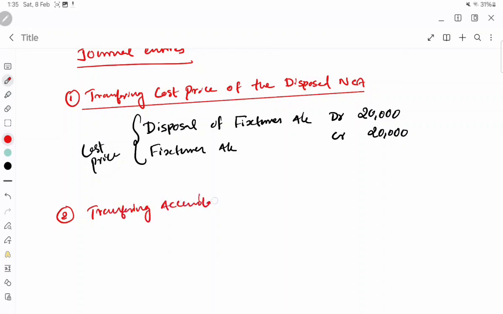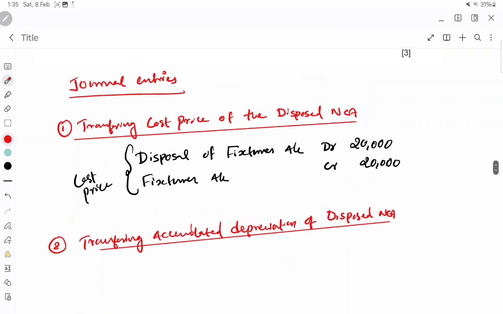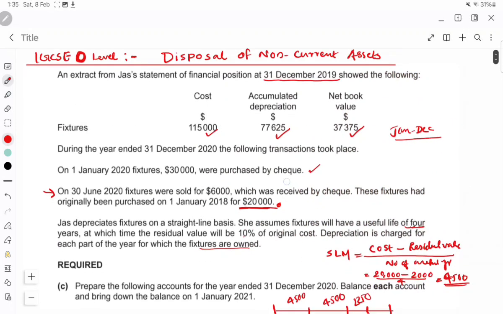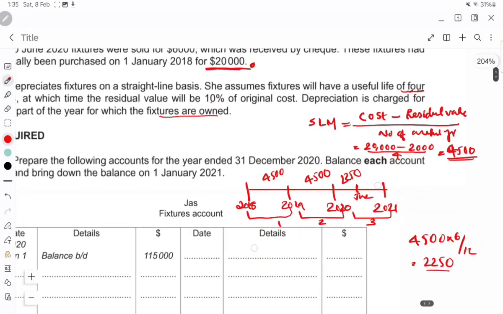Then the second entry will be transferring accumulated depreciation of the disposed non-current asset. Here we need to calculate the accumulated depreciation. That's why I calculated here how much you charge.